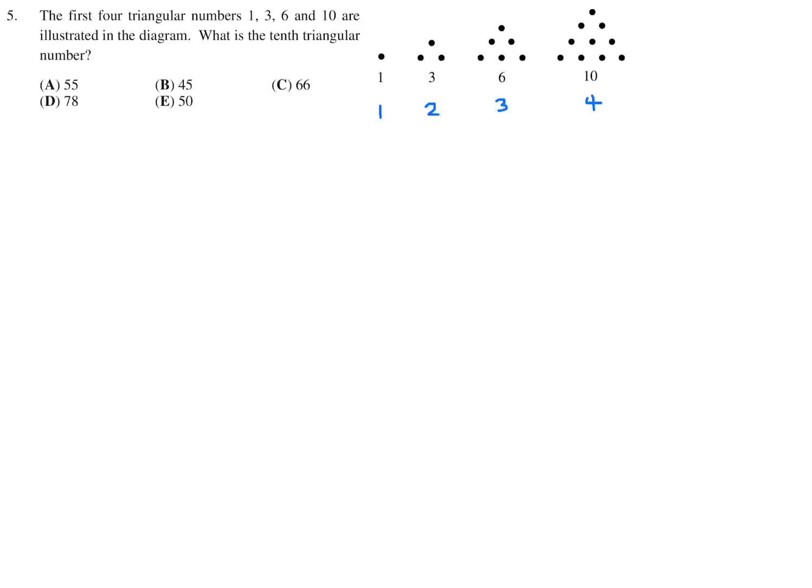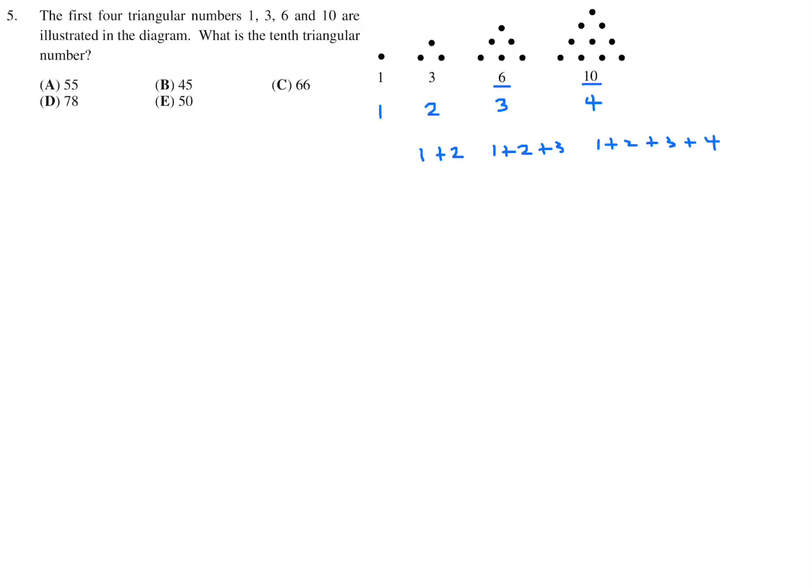The second one looks like 3, which of course is 1 plus 2. The third one has a value of 6, but it is 1 plus 2 plus 3. And then the fourth one has a value of 10, which is 1 plus 2 plus 3 plus 4.